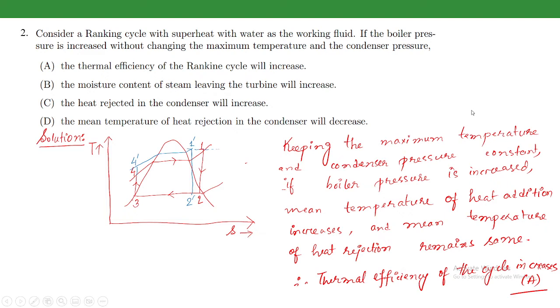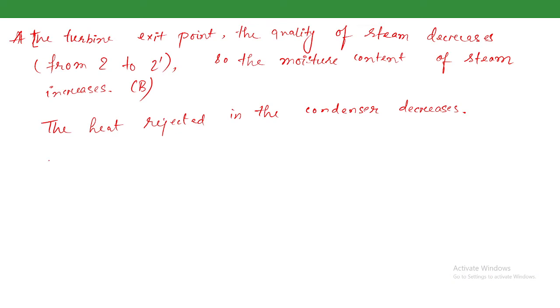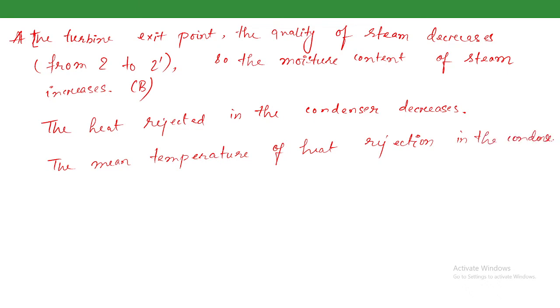Now the mean temperature of heat rejection in the condenser will decrease. As we have already seen, the mean temperature of heat rejection remains the same. So the mean temperature of heat rejection in the condenser does not decrease.